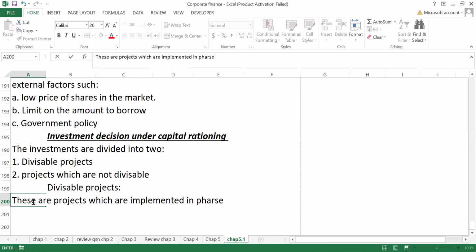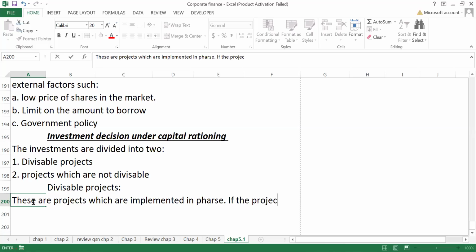So you can start a project, implement partly, then next year you continue with the same project. In that case, you are having divisible projects.